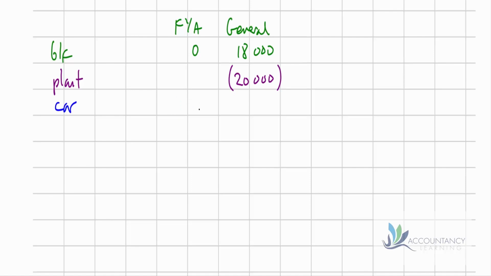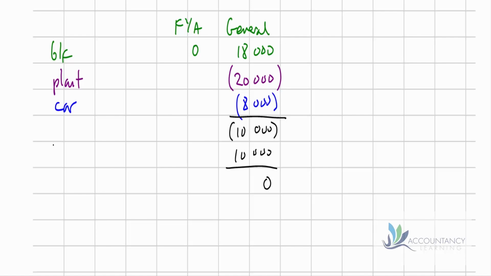So what we need to do then is deduct the proceeds from the sale of the car from the general pool. So once we've done that, when we do our subtotal, we have a subtotal of negative 10,000, and we need to set it to zero. We need to make sure we finish the business with zero balance here.